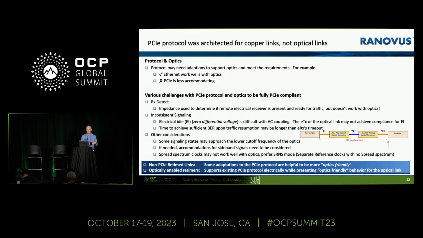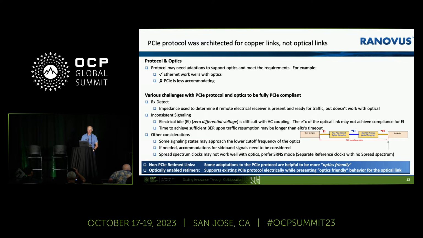The problem is that the time for an optical link to stabilize and start transmitting at a low bit error rate is probably longer than the timeout of the electrical receiver in the endpoint. So that's another area. There are several other considerations. Some signaling states are very close to the low cutoff frequency of optics.